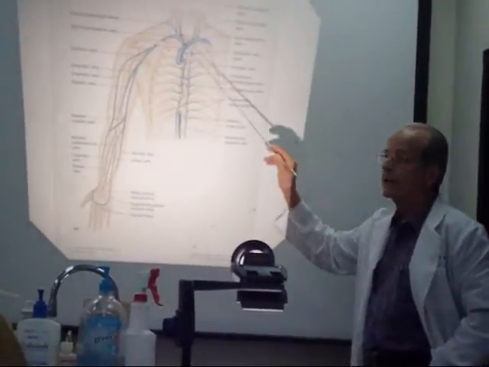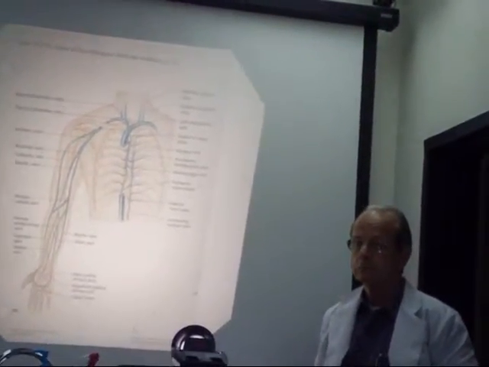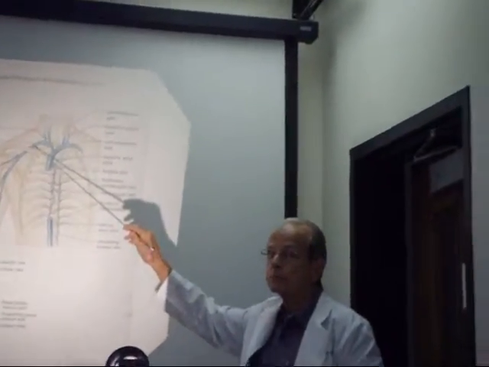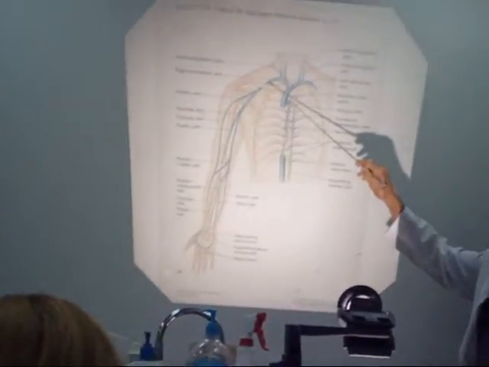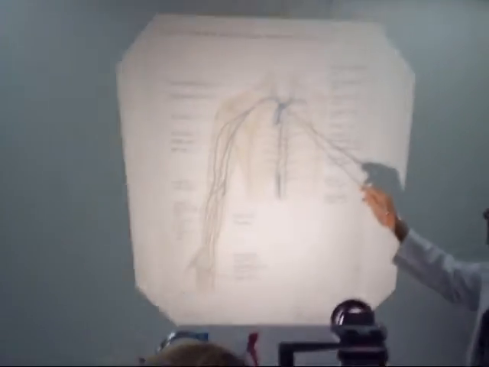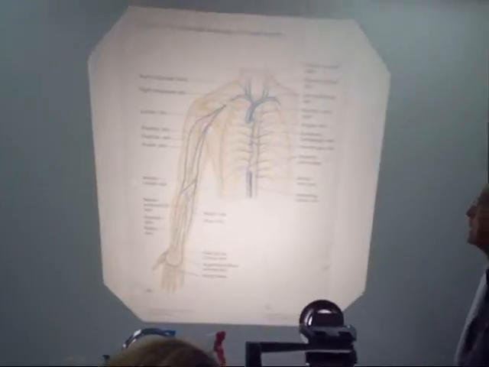Now, on the way back to the heart, though, after we get out of the subclavian vein, we've got to go through another short little vein before we get to here. Here was axillary vein, here's subclavian vein. But this little piece right here is a brachiocephalic vein.